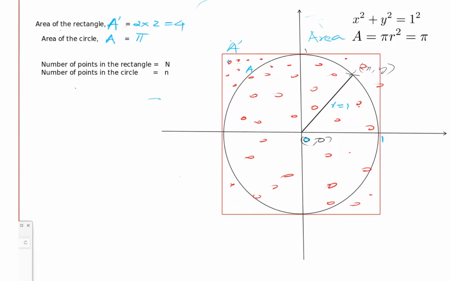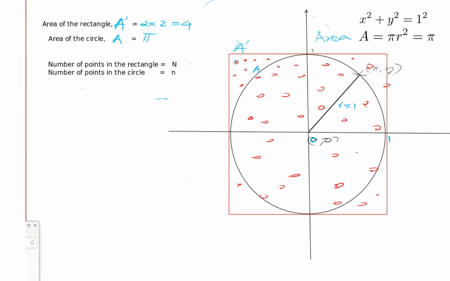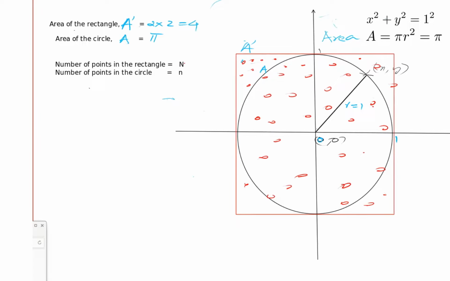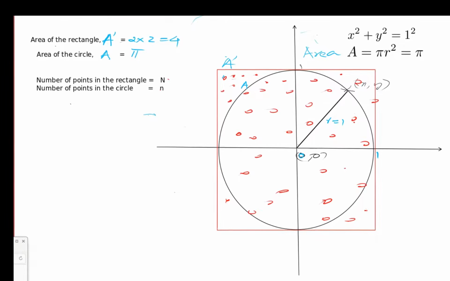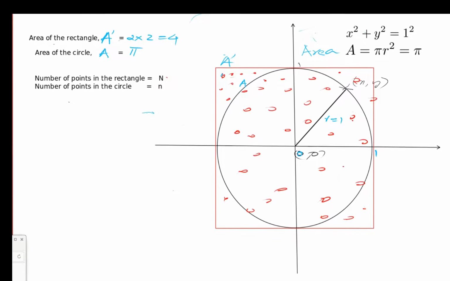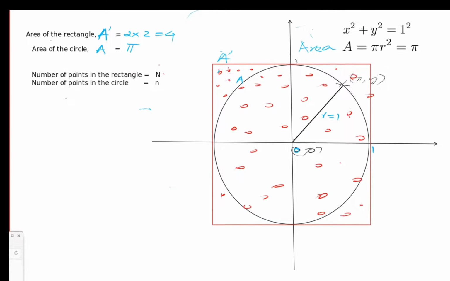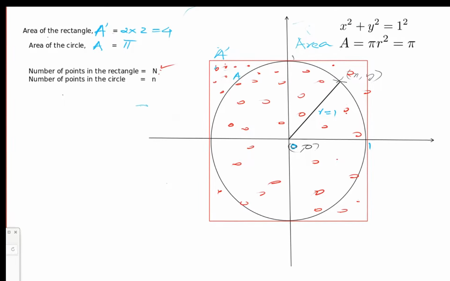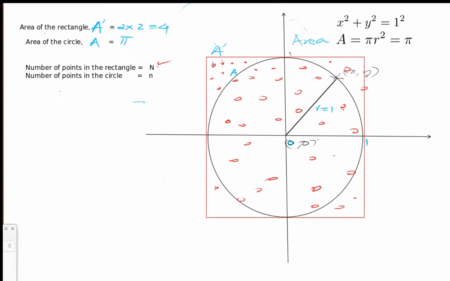Let us count the number of points. Total there are capital N number of points, out of which small n number of points fall within this circle.